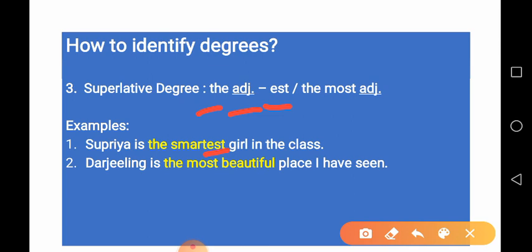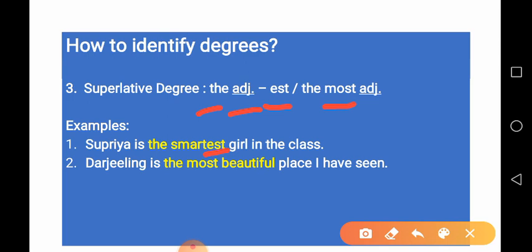In case they do not accept est, we use the word most. We use the word most and then the adjective in the sentence.